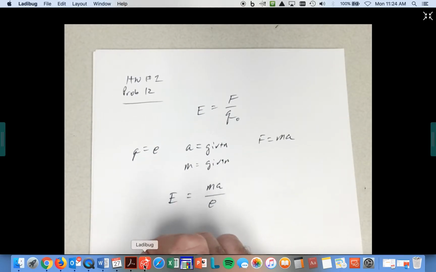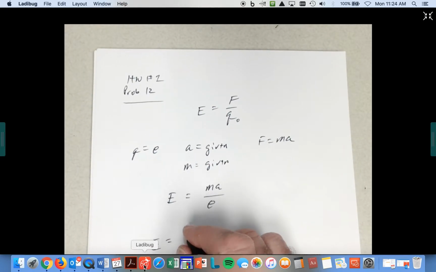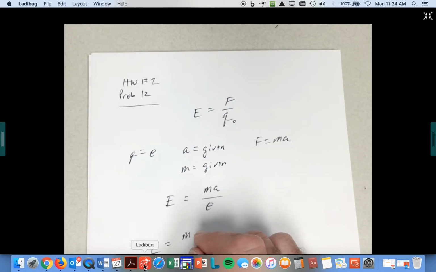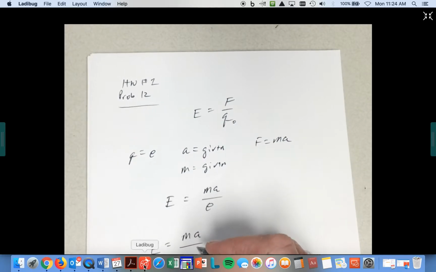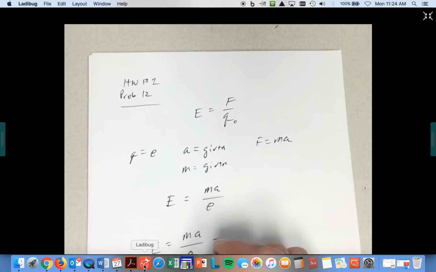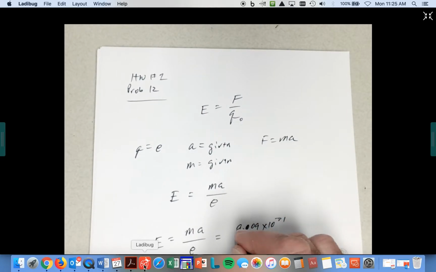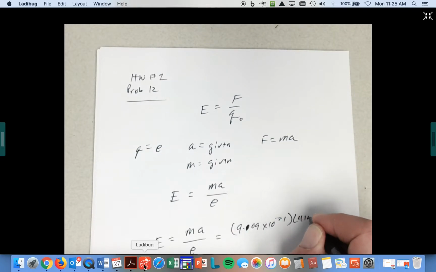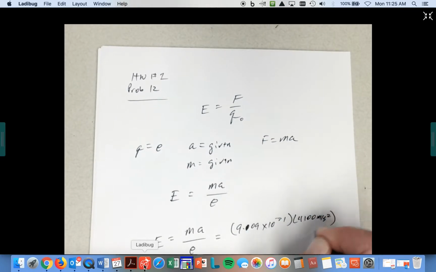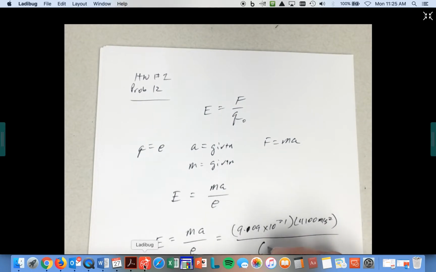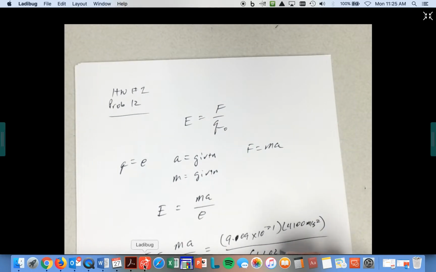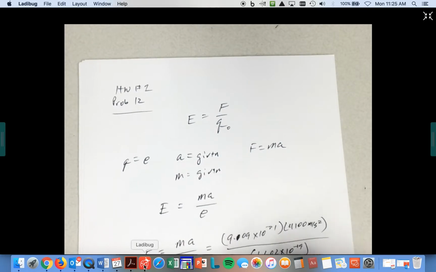So the E field would equal ma over e, which gives me 9.109 times 10 to the negative 31 kilograms times 4,100 meters per second squared, divided by 1.602 times 10 to the negative 19, which is a negative.